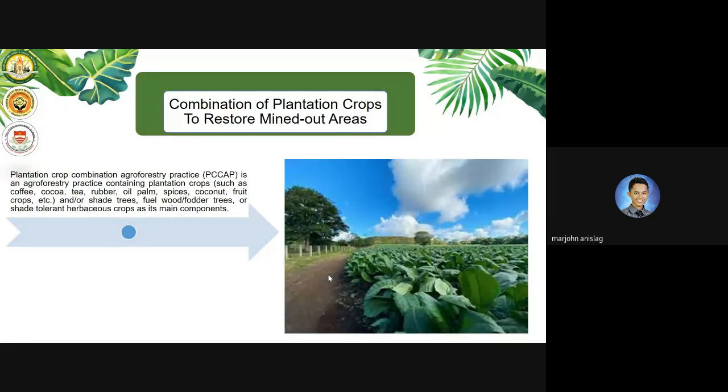The advantage of this agroforestry practice is the production of food crops that will sustain our own needs and the country as a whole. This practice can create more economic opportunities for the community and also alleviates poverty, crimes, and unemployment. Moreover, this can maintain soil fertility and water quality.